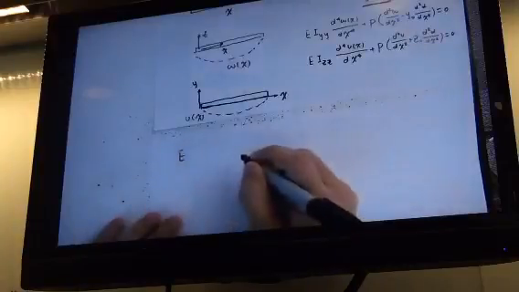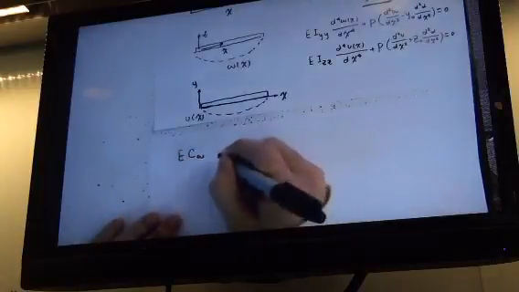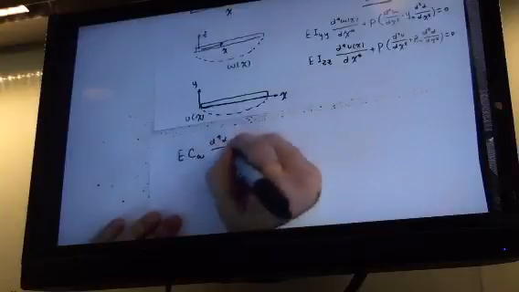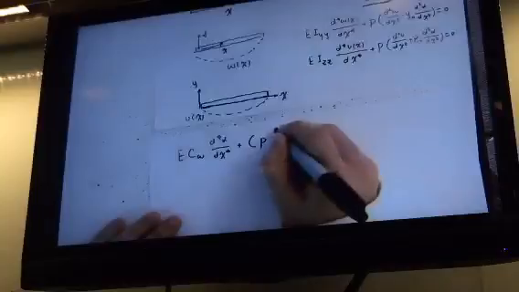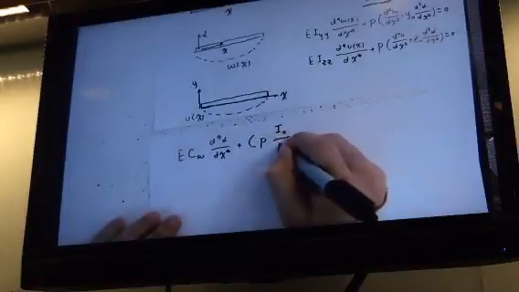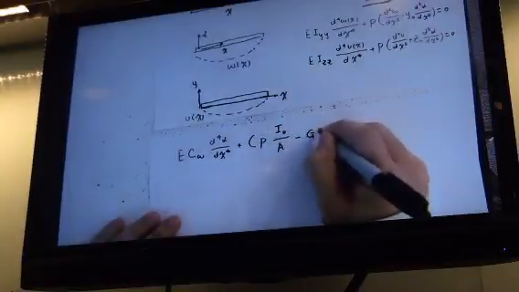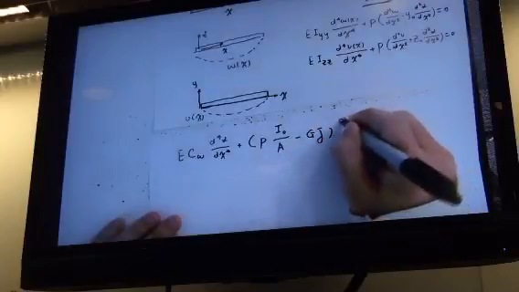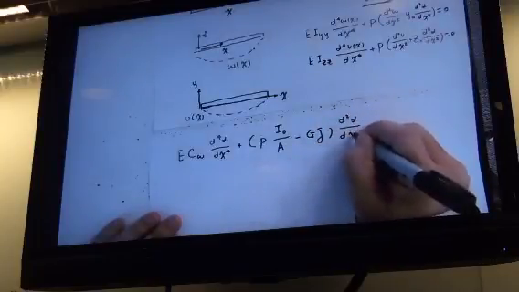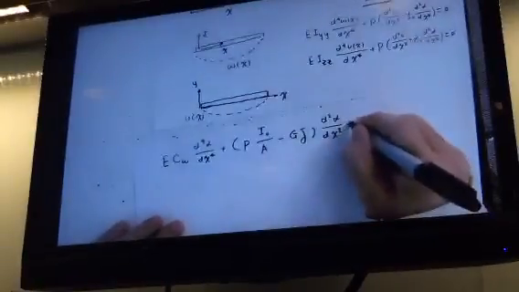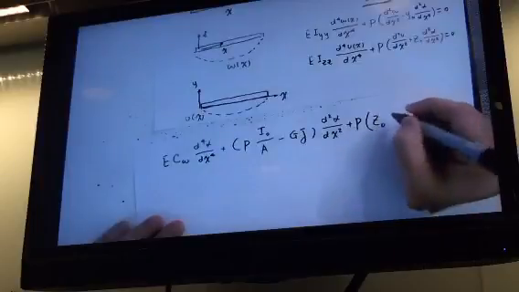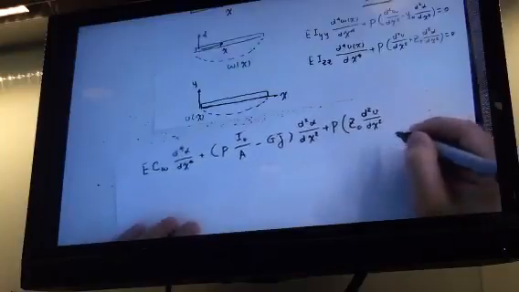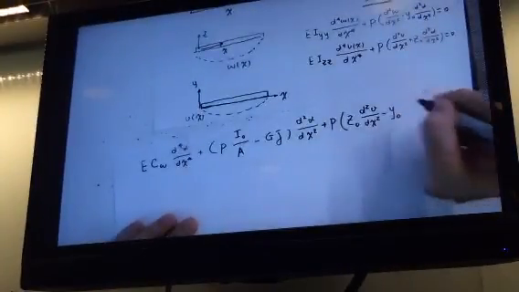E C_W, fourth order, plus P I0 A minus E J, second order, plus P Z0, second order minus Y0.